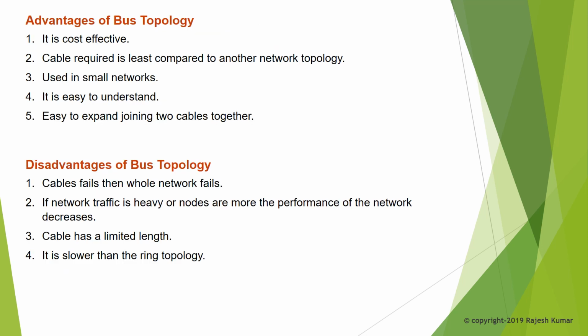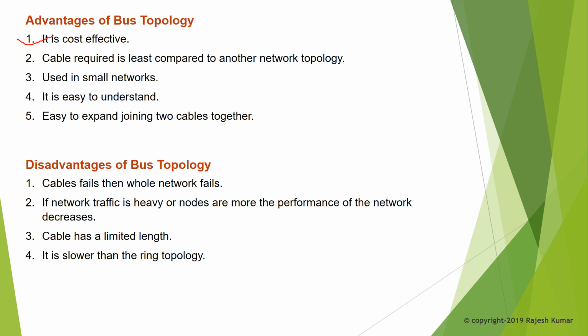Some of the advantages and disadvantages of bus topology we'll be discussing in this slide. So let's start with the advantages for now. The first advantage is that the bus topology is cost effective. That means it is cheaper to configure or install this topology as compared to any other topology that we have available in networks.